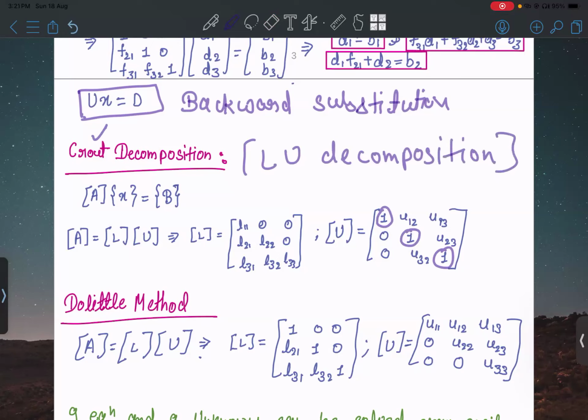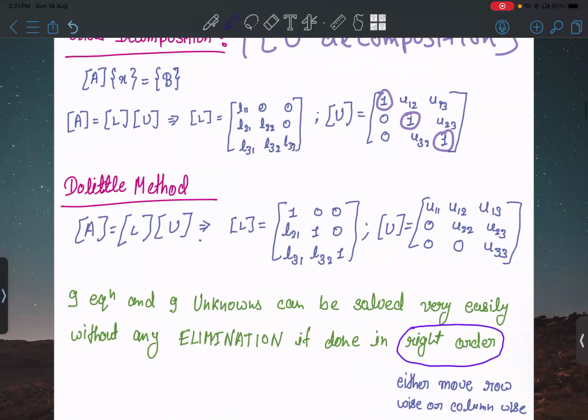If I assume the diagonal elements of the lower matrix as 1, then it is called the Doolittle method of LU decomposition.